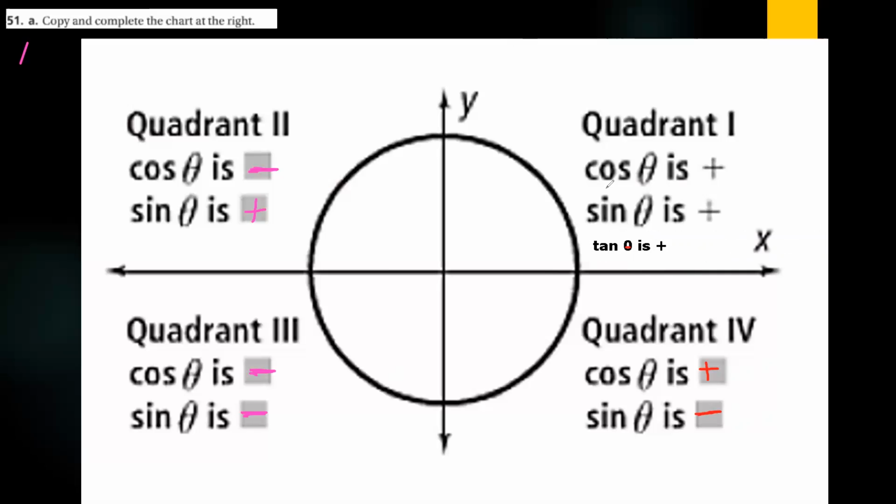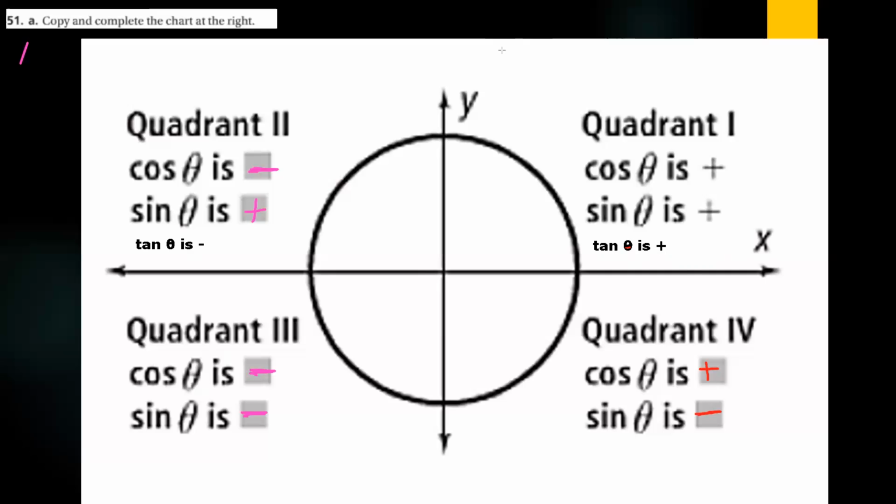Now here, sine is positive and the cosine is negative. So what will the tan be? Negative. The tan will be negative too. Now, the sine is negative and the cosine is negative.